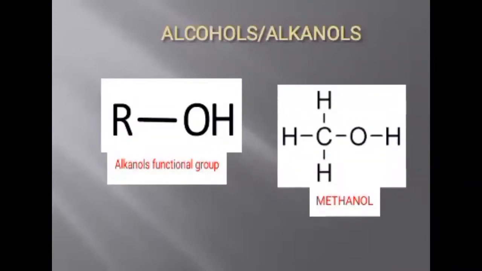So what it means is that we are replacing the R in the functional group with CH3. That is now giving us methanol. Now, the meth, because we have 1 carbon atom, then the nol, because this 1 carbon compound belongs to a family of organic compounds, the alkanols.